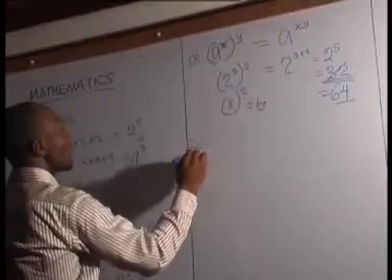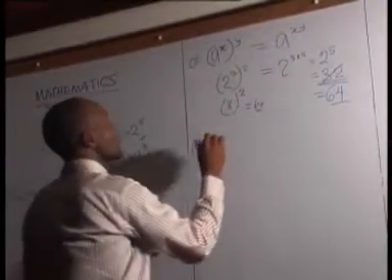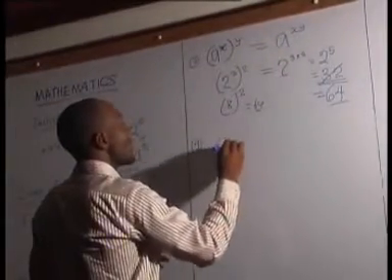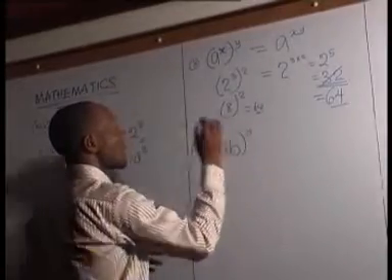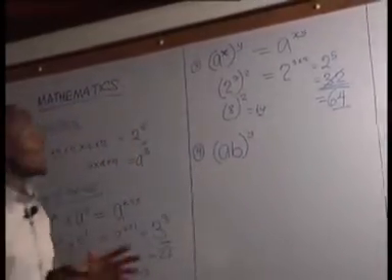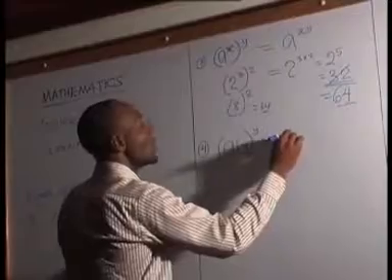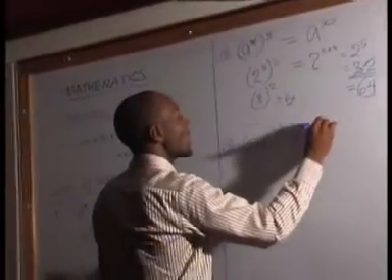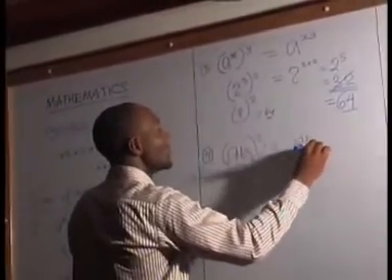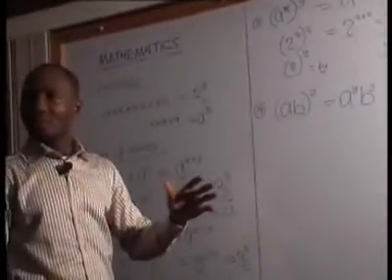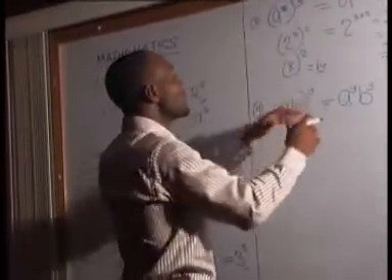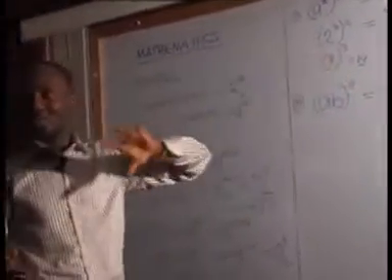Then the fourth law we'll be looking at. ab raised to power y. ab raised to power y. We are going to have a raised to power y, then times b raised to power y. Both a and b are going to take on the power separately.